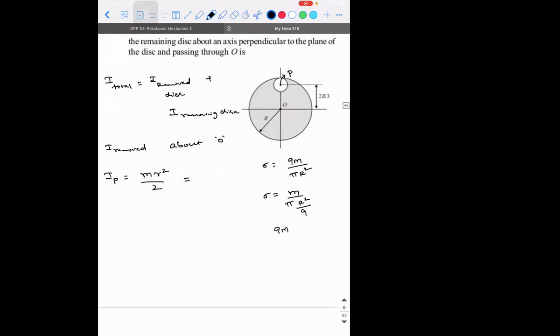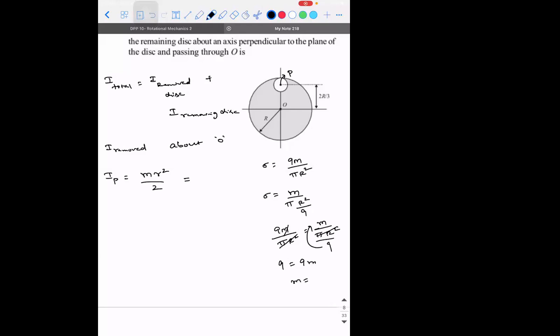So 9 capital M divided by pi r square is equal to small m divided by pi r square divided by 9. Pi r square will get cancelled. 9 will go up. So 9 is equal to 9 times small m.